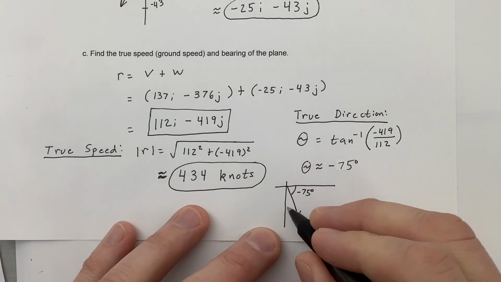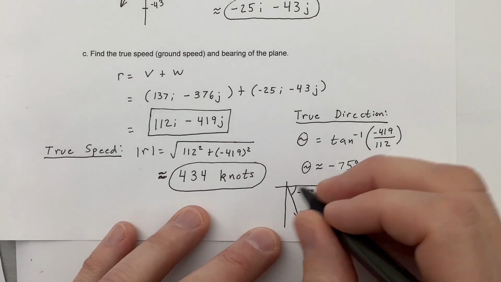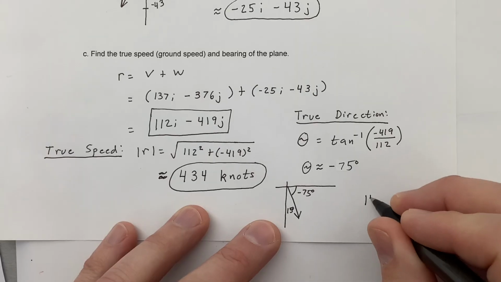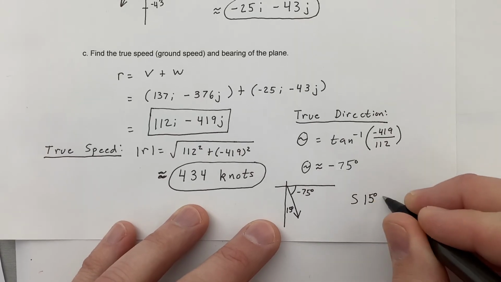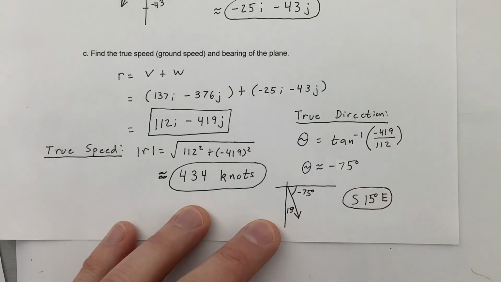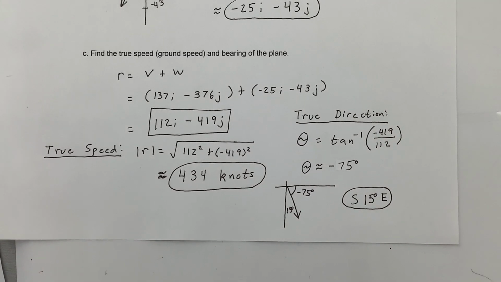What does that leave us here next to our vertical axis? 15, right? 15 degrees south due east. That is now considered our true direction when we account for the wind speed.